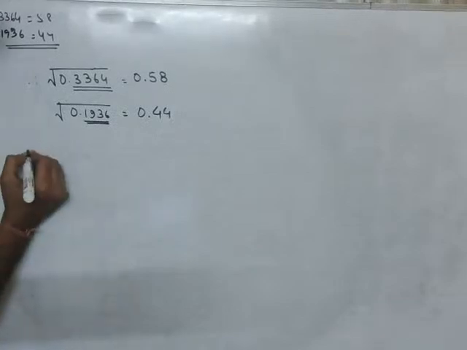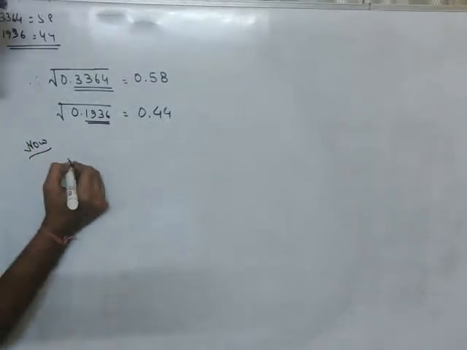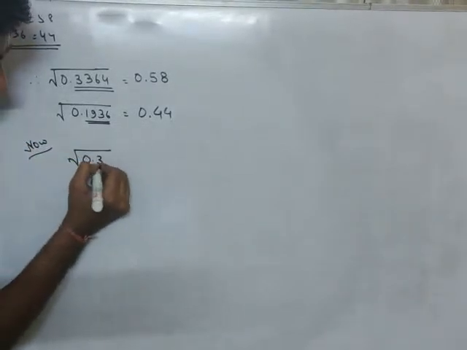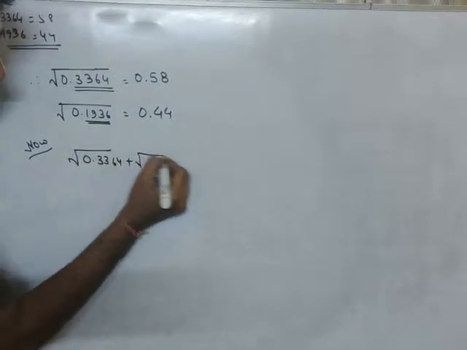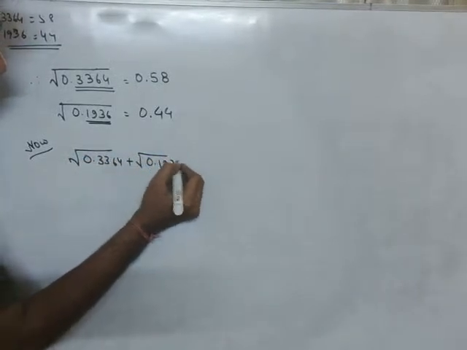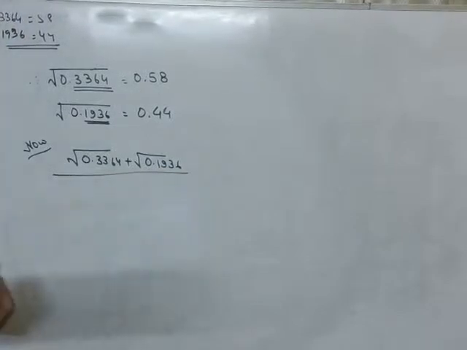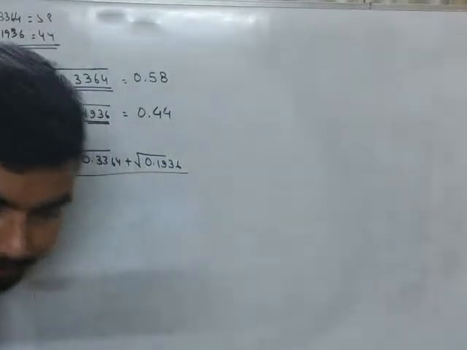Now the main question is the square root of 0.3364 plus the square root of 0.1936, divided by the square root of 0.3364 minus the square root of 0.1936. We need to find the value of this.